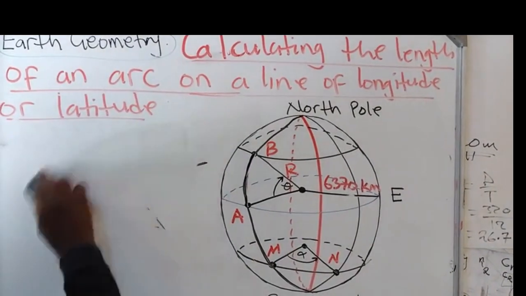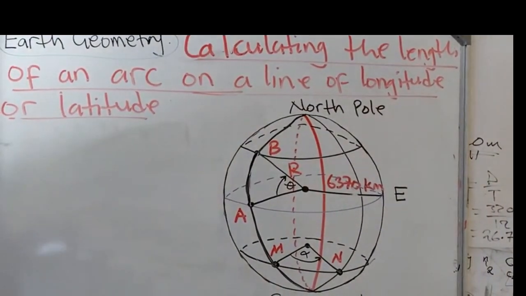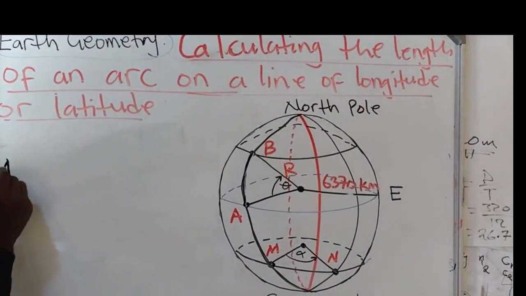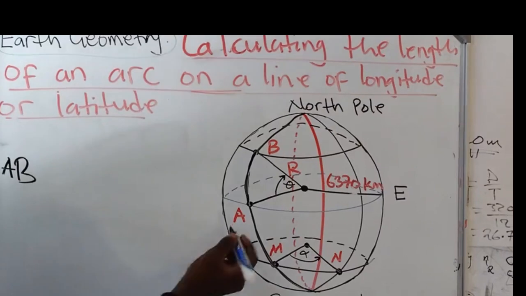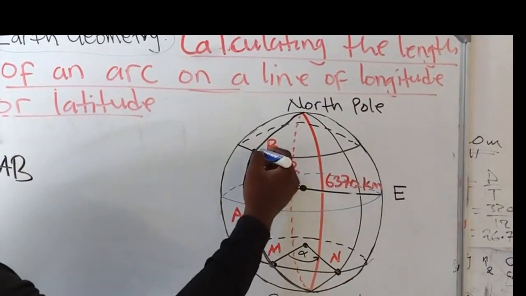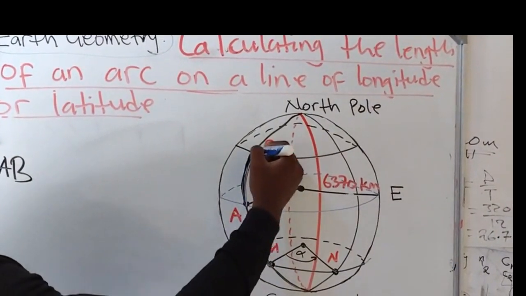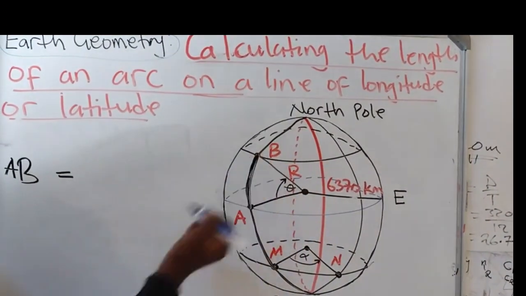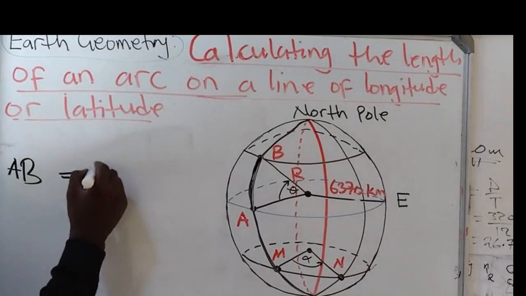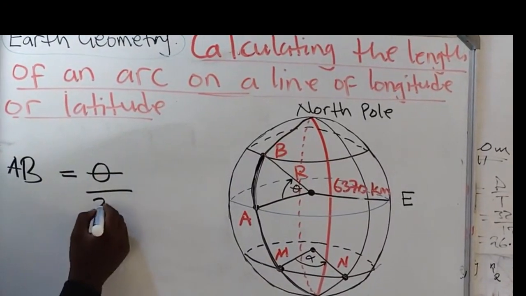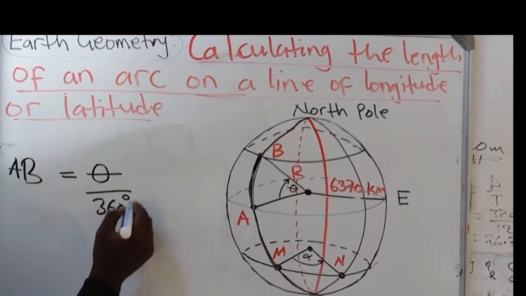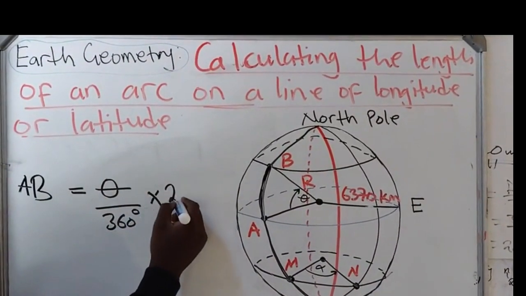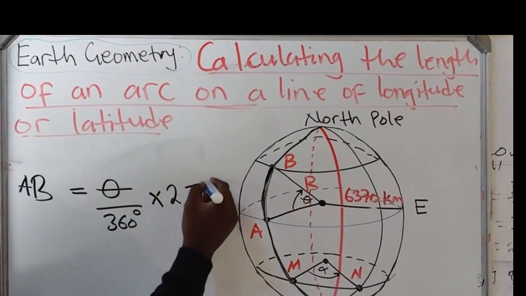The formula is: AB, the distance from A to B, equals theta over 360 degrees times 2 pi r.